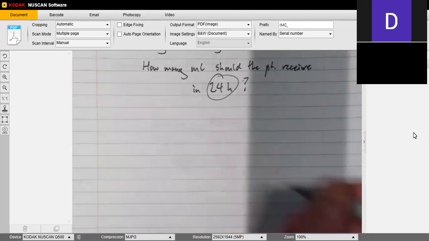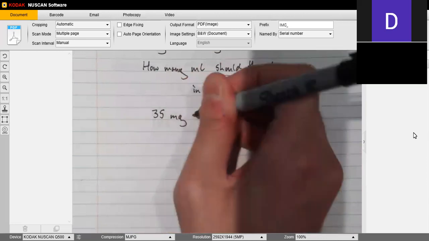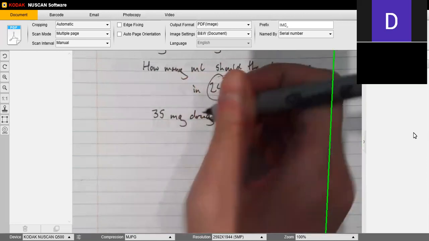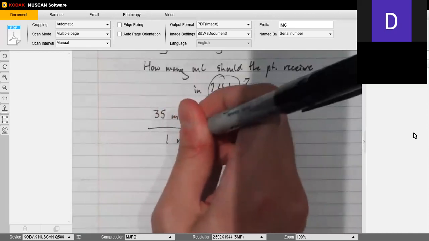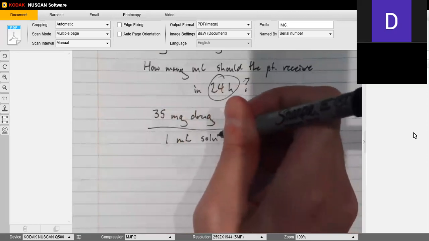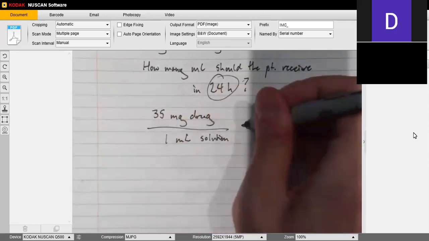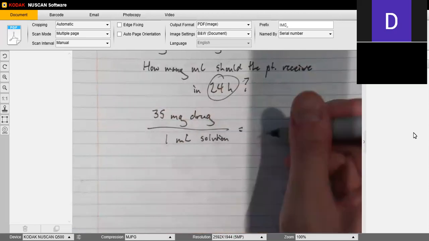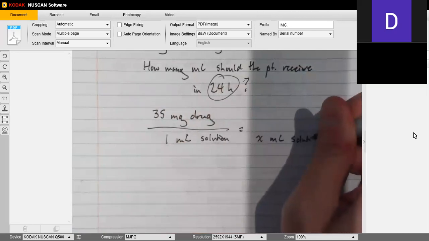So we have 35 milligrams of the drug, and that is over 1 milliliter of solution, because that's what we have in stock, right?